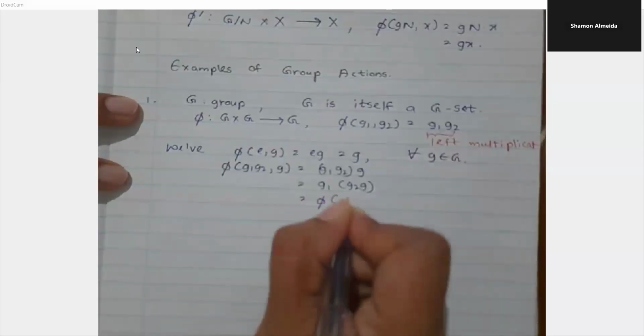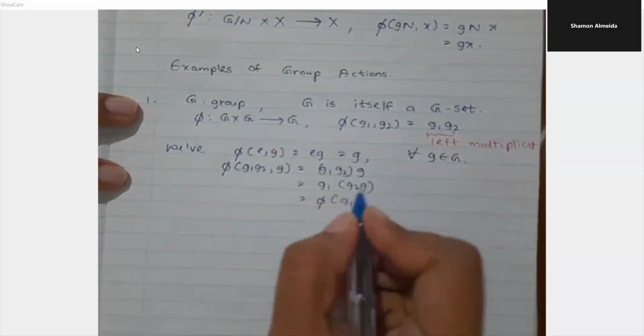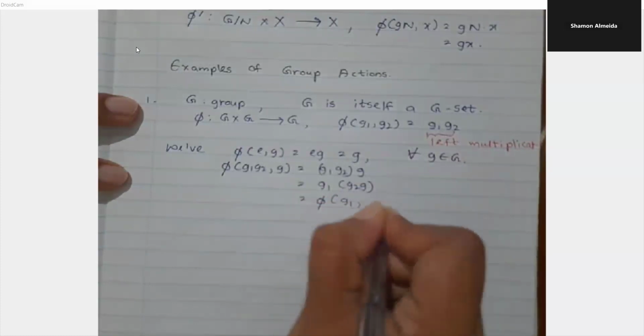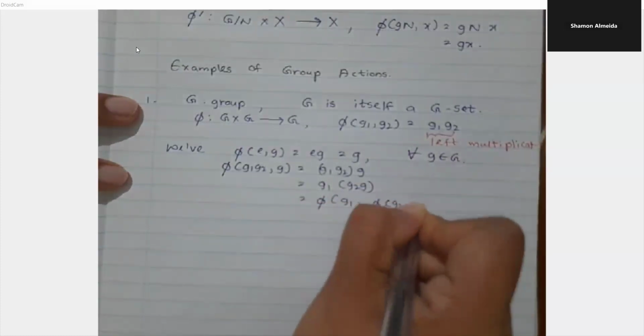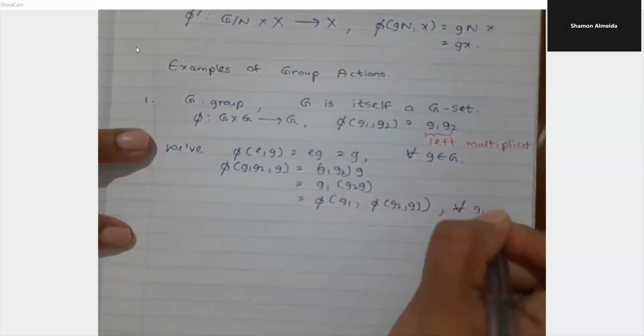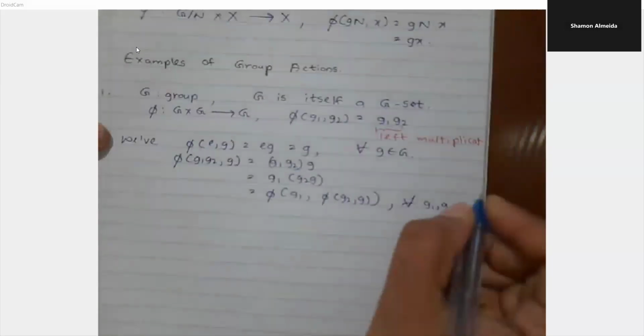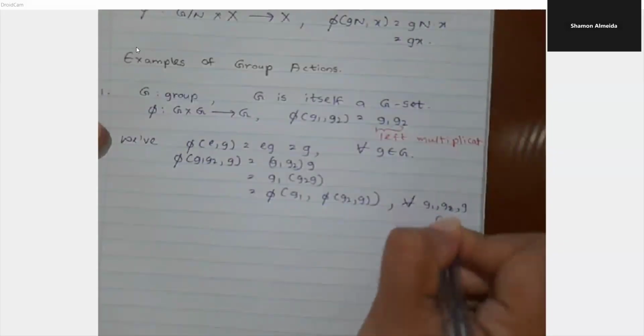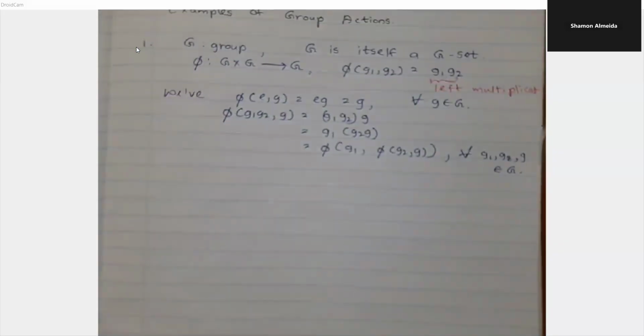Phi of (g1, g2 g), which is simply phi of (g1, phi of (g2, g)), for all g1, g2, g in G. Right? So the conditions are satisfied. You can easily see that this is a group action.